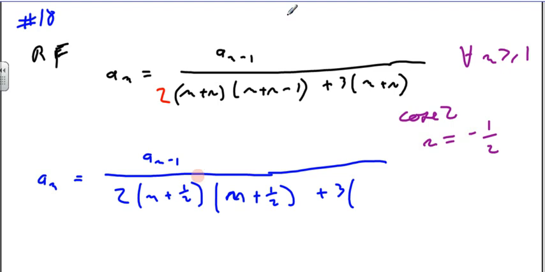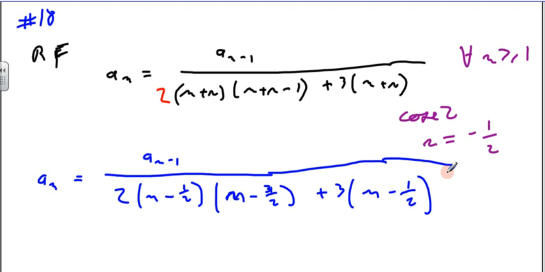That'd be minus 1/2. Oh well. Plus minus 1/2 minus 5/2, 3/2, minus 3/2, minus 3/2 plus 3 and minus 1/2. Okay, so that's what my recurring formula is looking like.